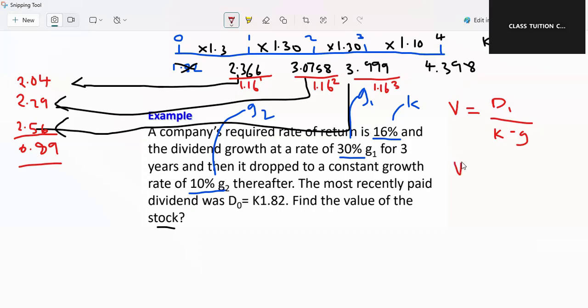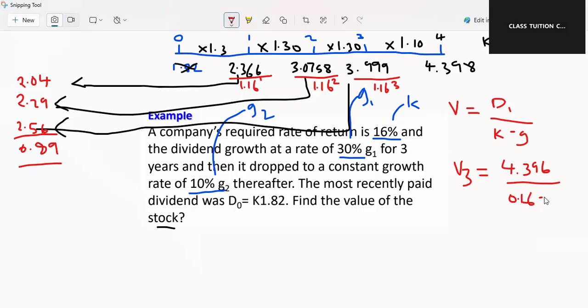So what is the value of stock as at year 3? It is D1. Our D1 is what? 4.39. Then our K, which is our market rate, 16%, and our growth rate for the second phase was what? 10%.